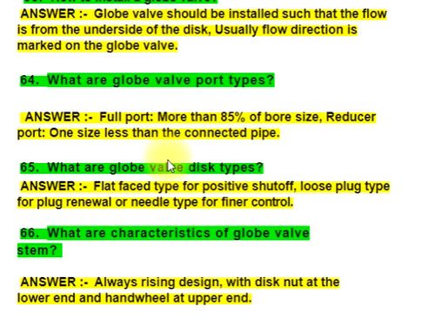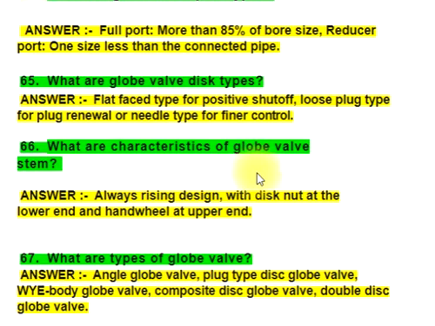64. What are globe valve port types? Answer: full port, more than 85% of bore size, reducer port, one size less than the connected pipe. 65. What are globe valve disc types? Answer: flat face type for positive shutoff, loose plug type for plug renewal, or needle type for finer control. 66.